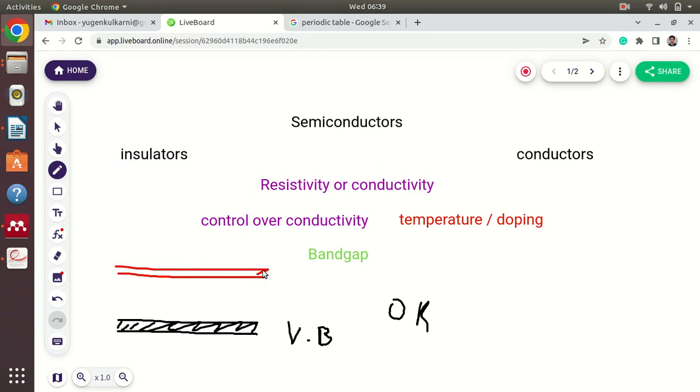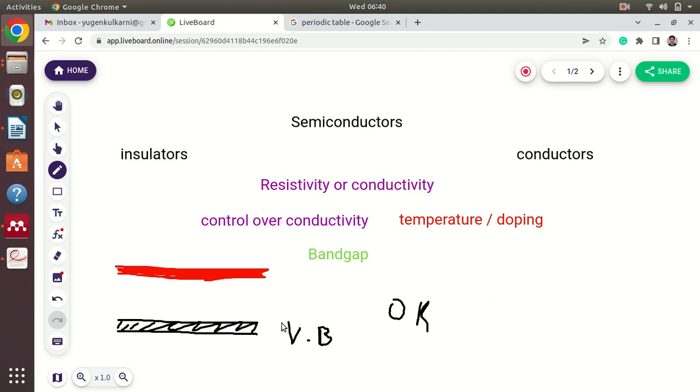And at the same temperature this band is the lowest energy band which is completely empty. There can be many bands above this energy level which are empty, and there may be so many bands below the valence band which are filled.